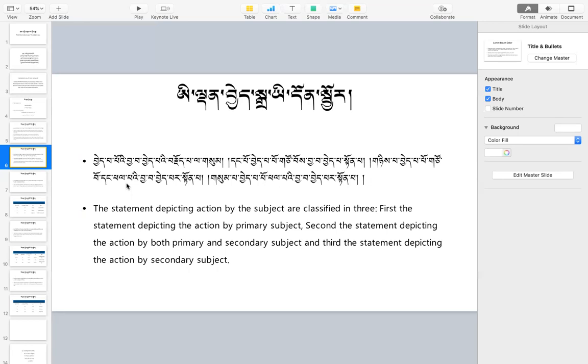But the factor of distinction is based on the subject. So there are three classifications of the subject case.